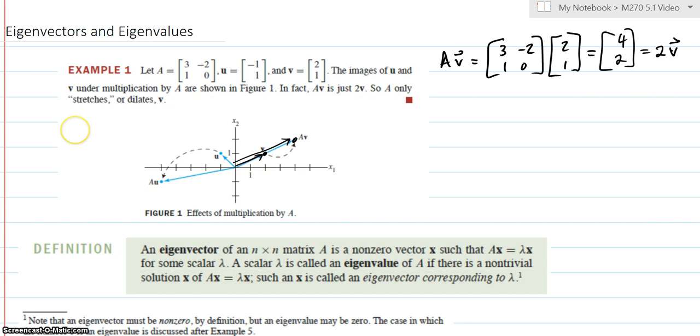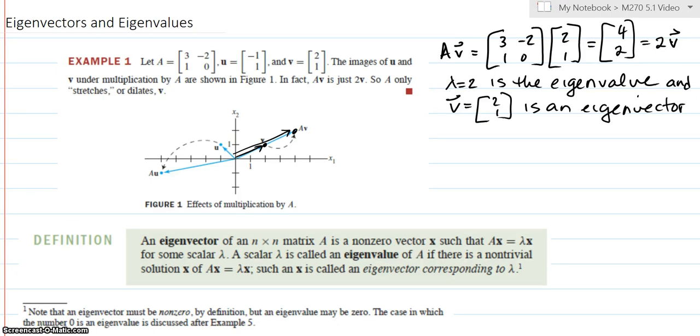So A just stretches or dilates v. When you have that situation, 2 is called the eigenvalue and v is called an eigenvector, which is exactly what the definition states.